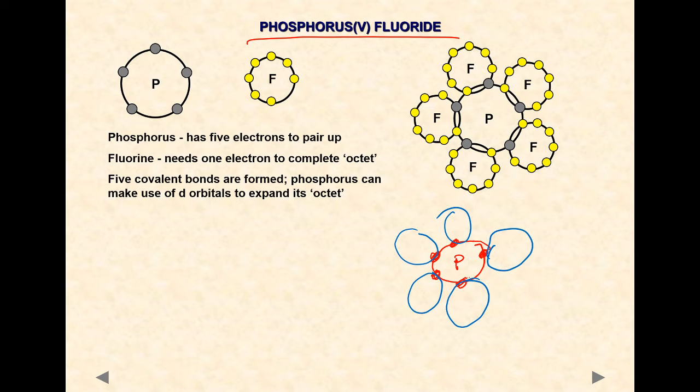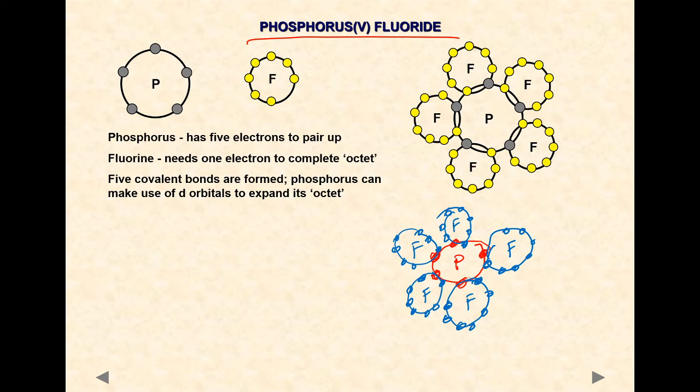Like chlorine, each fluoride has 7 valence electrons. So what you get is that each one of them will have 1, 2, 3, 4, 5, 6, 7.